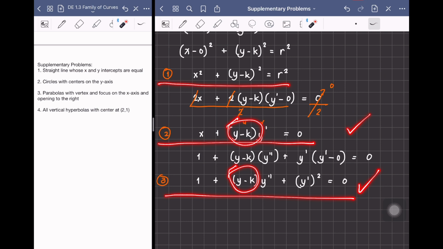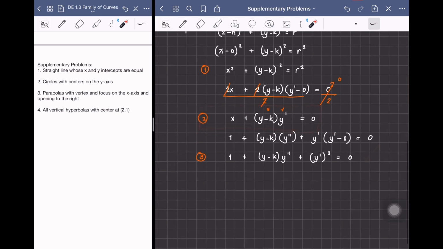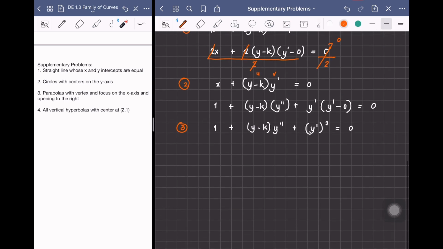So, which one? You can solve y minus k here or in equation 3. But the best choice would be to solve for y minus k in equation 2 since this one is simpler compared to equation 3. Okay? So, let me write here, solve for y minus k in equation 2.